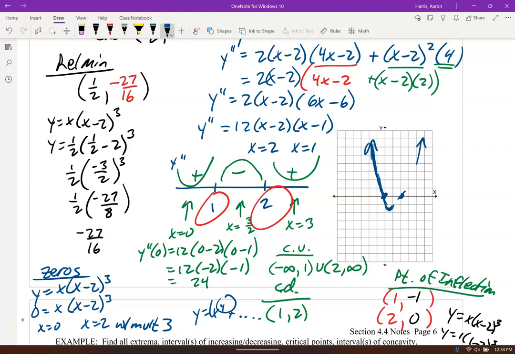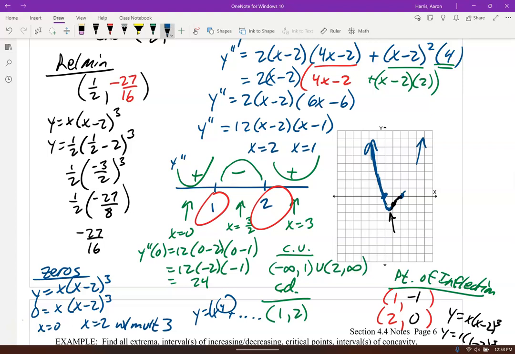So I hit this relative min right here, but I stay concave up until right there. And at (1, negative 1), I have that point of inflection. Now I'm going to switch to concave down from 1 to 2.